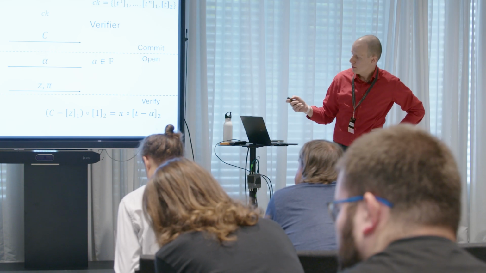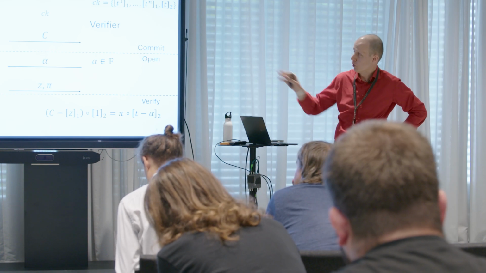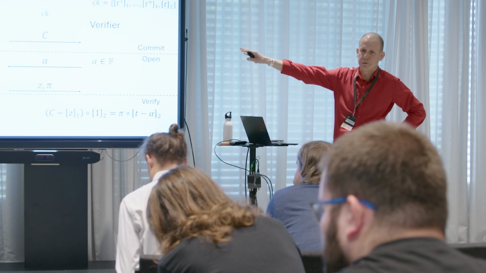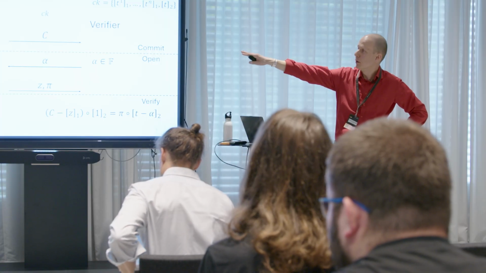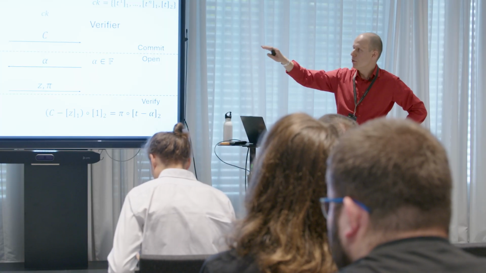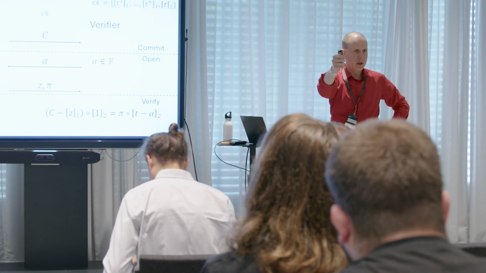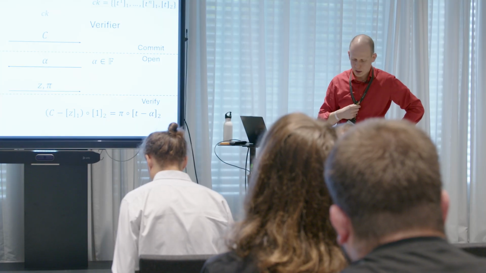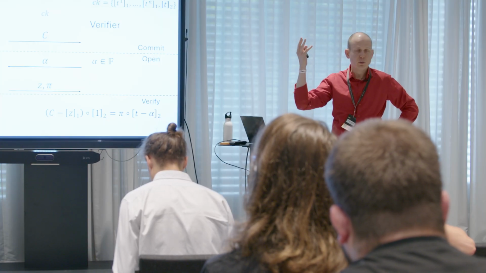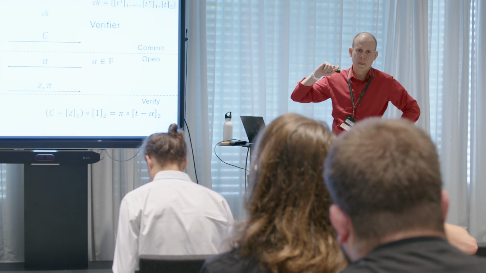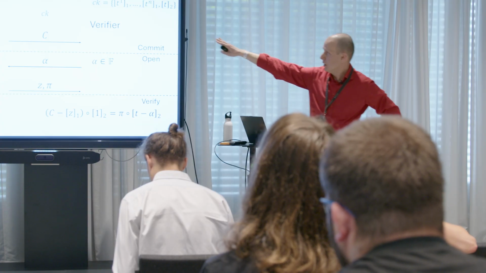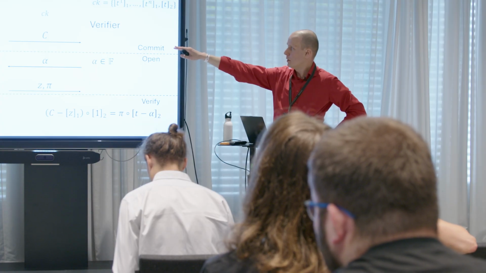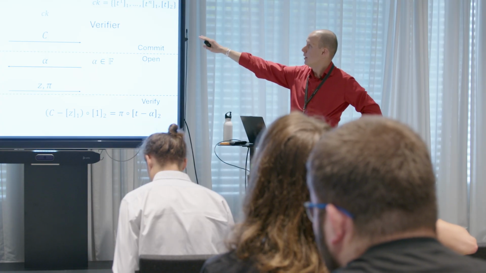Now we want to commit to a polynomial f. So f is given by some coefficients. We want to commit to it via a single group element. So how do we get this single group element? Unfortunately, we work in a trusted setup setting. So we prepare a commitment key that will allow the prover to commit and the verifier to verify.